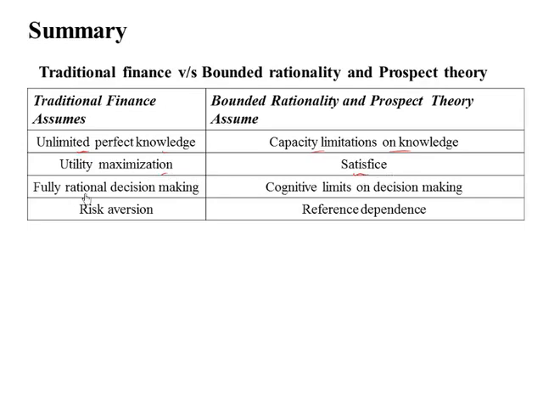There's fully rational decision making in one, and here there are cognitive limits on the decision making that you do, as evidenced in the prospect theory in the editing and evaluation. Traditional finance assumes definite risk aversion. Behavioral finance says that risk aversion, risk seeking behavior, or risk neutrality depend on the reference. So at times you can be risk seeking, at times you can be risk averse.